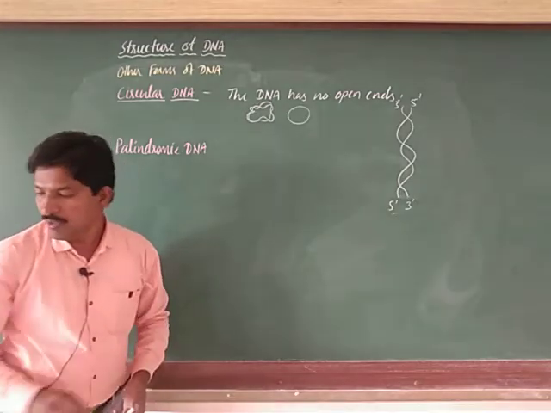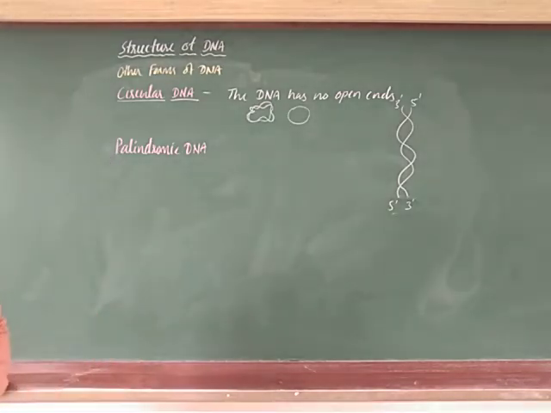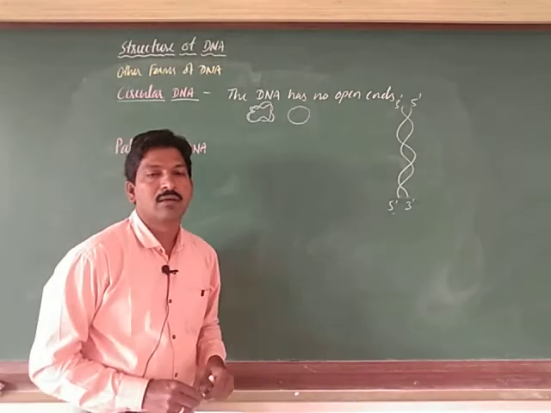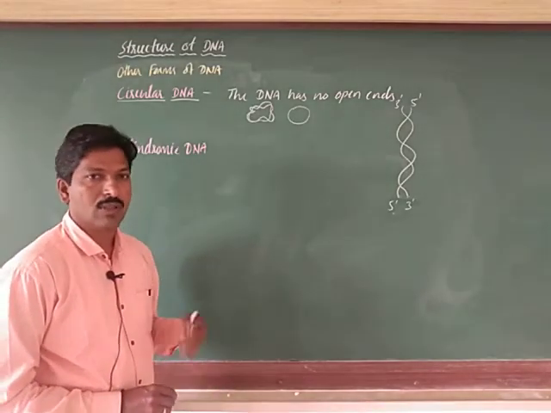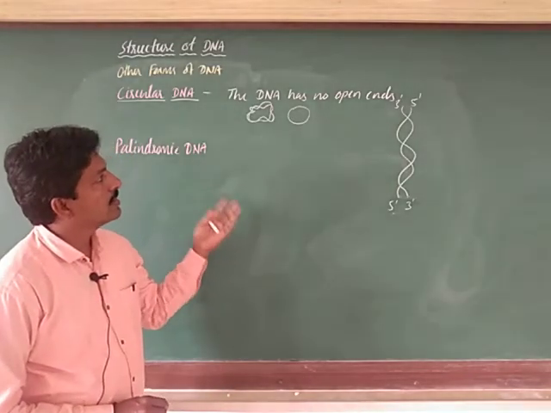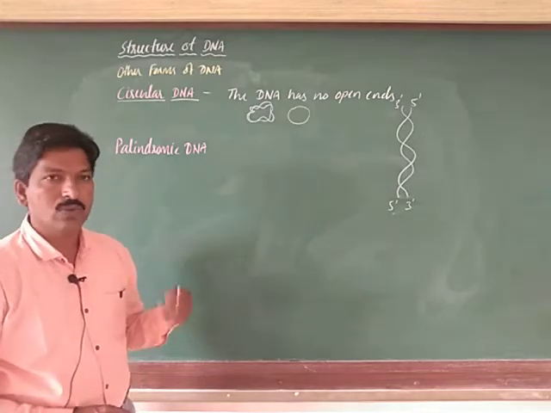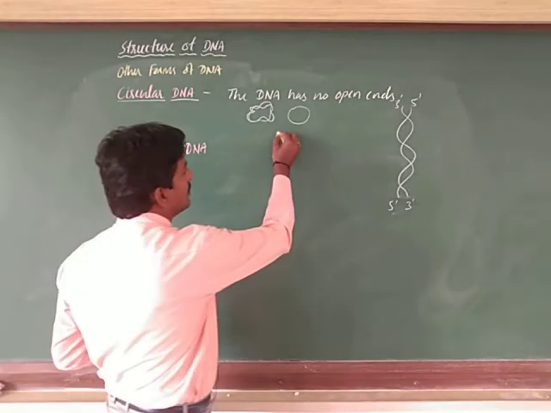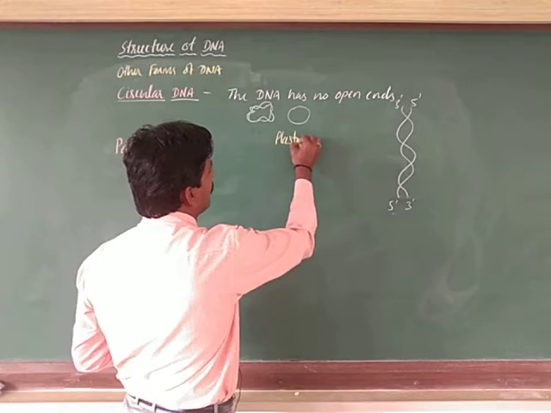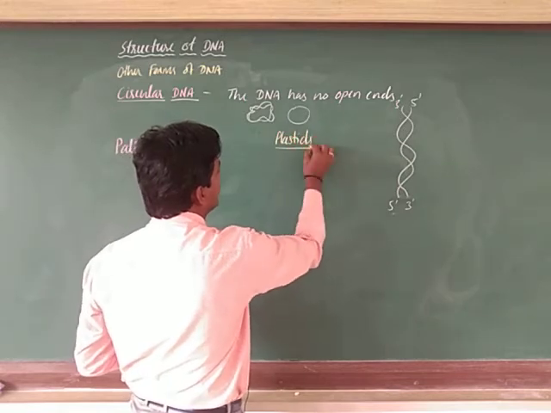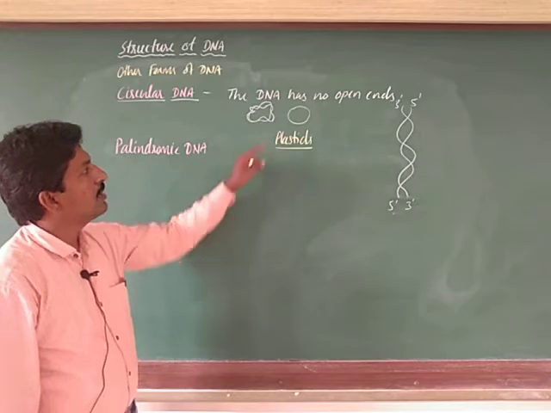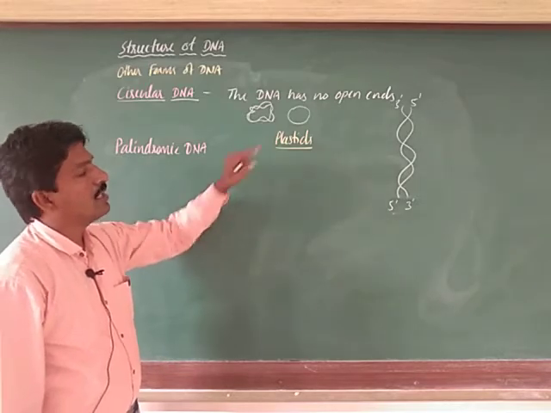These are usually found in viruses, some viruses, not in all cases. Some viruses may show circular DNA, and also plastids, and even bacteria. Plastids are structures which have double stranded circular DNA.